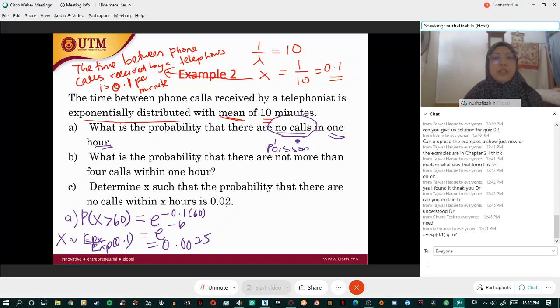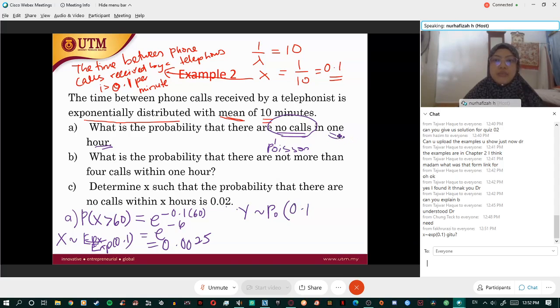So your Y for Poisson, remember, the lambda for exponential should be the same as the lambda for Poisson, so your lambda is 0.1.